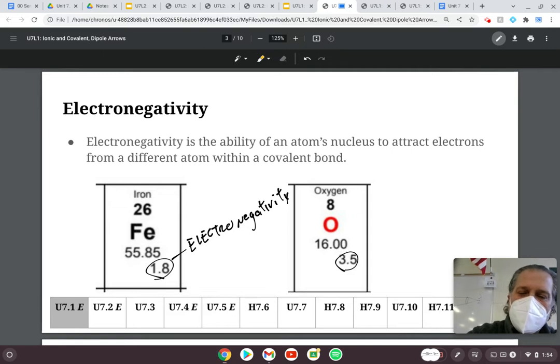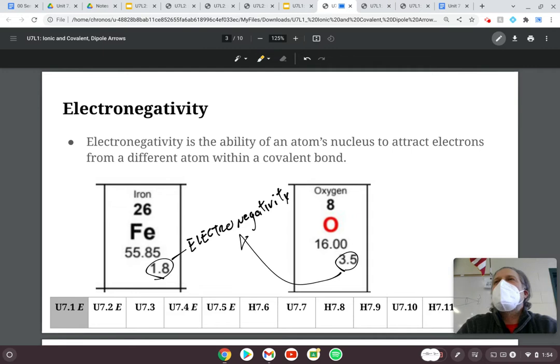And this 3.5 is the electronegativity of oxygen. So in theory, because oxygen has a larger electronegativity, it will attract the electron from iron toward it more than iron could attract the electron from oxygen toward it. Does that make a little bit of sense, hopefully? Maybe, sort of, kind of.